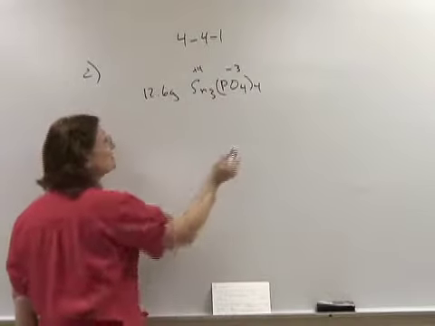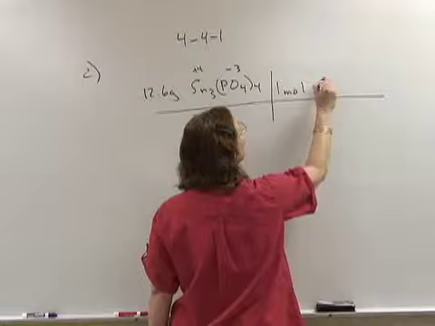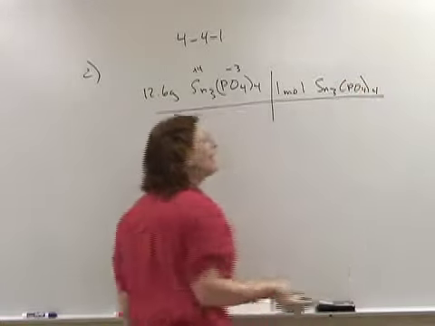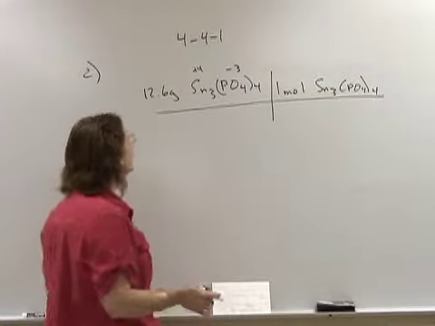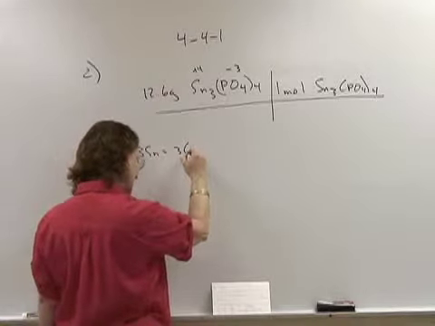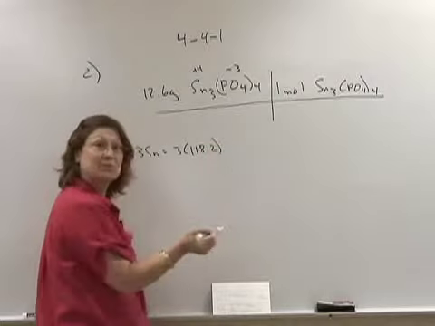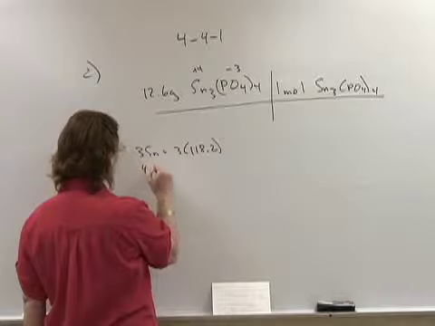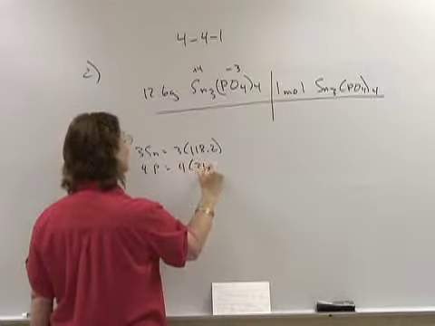Well, then I'm going to need the AMU in order to change it to moles. And I need to get molarity because it's asking for the concentration. And there are 3 tins, and each tin has a mass of 118.2. That's pretty heavy. And we have 4 phosphorus, which is 4 times 31.